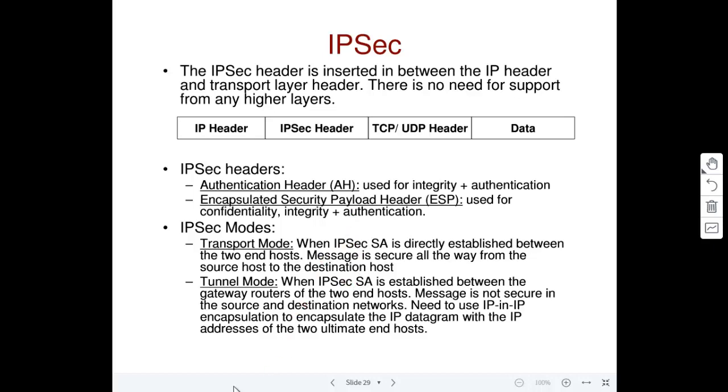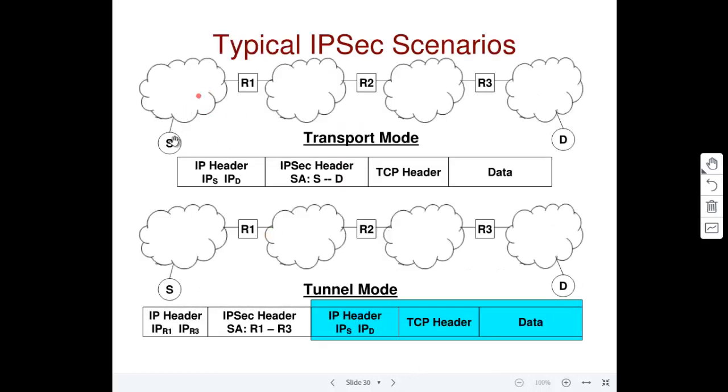Now also you need to understand who is supporting this IPSec standard. Would all routers be able to handle IPSec, or only the end hosts? If the end hosts can handle IPSec, they need to be able to establish an IPSec security association between the two end hosts, and that way the message is secure all the way from the sending host to the destination host.